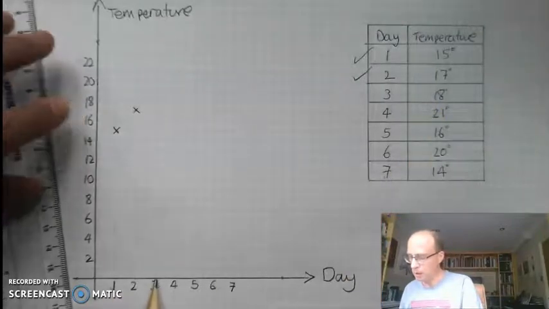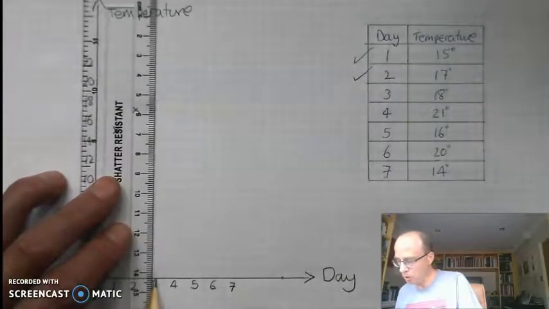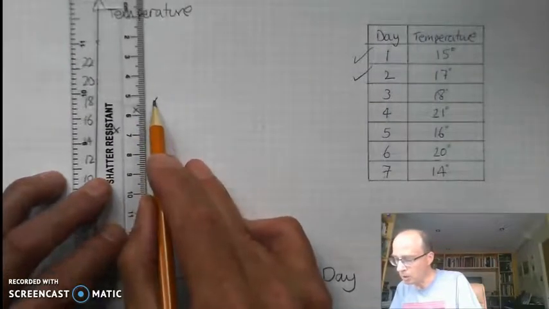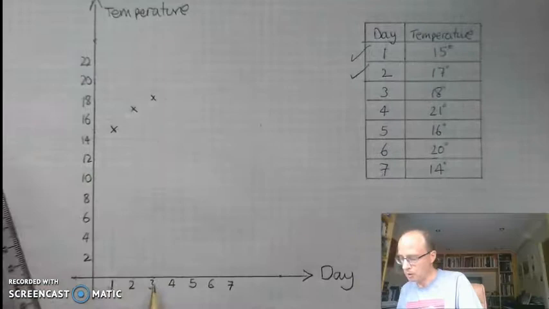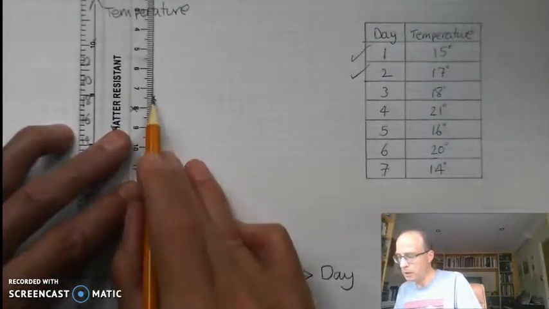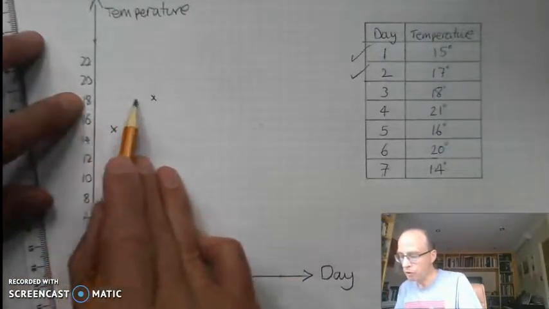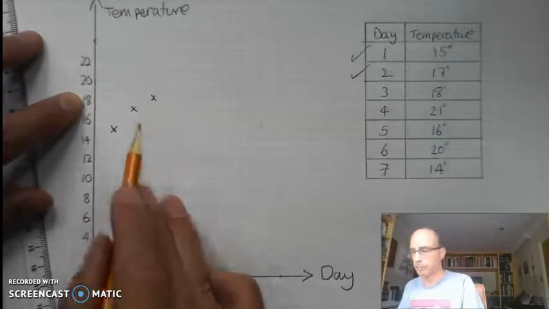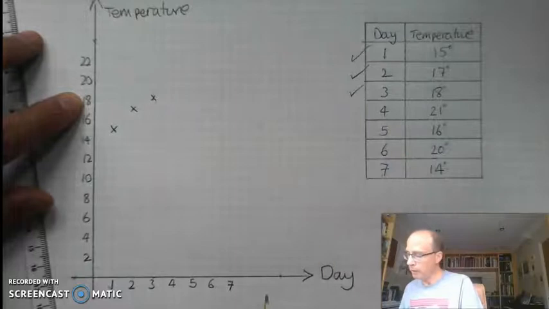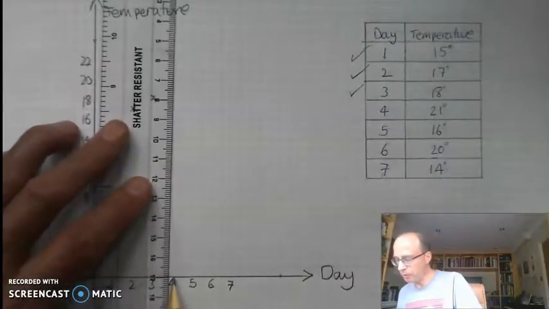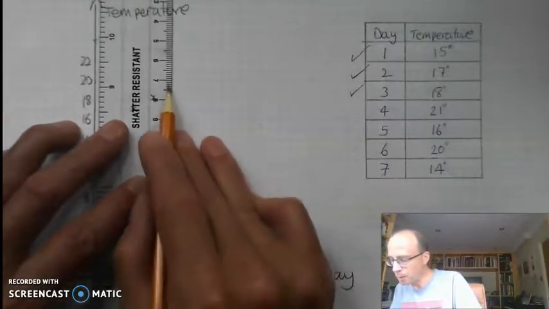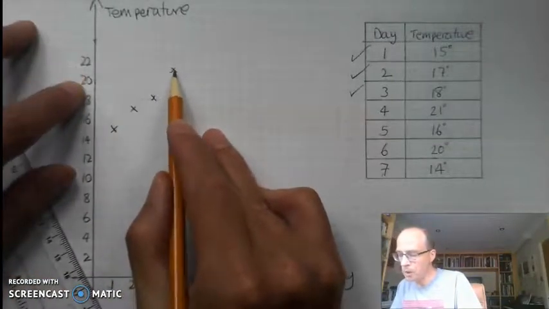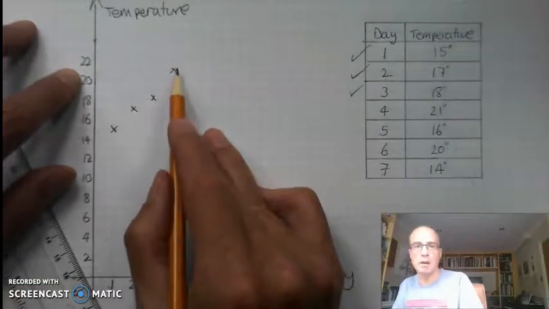So we've gone up from day 3, and we've gone across from 18 degrees, and I've marked myself with a little cross. Day 4, we've got 21 degrees. So we're going up until we get to 21, halfway between 20 and 22, and I'm going to put another cross on.